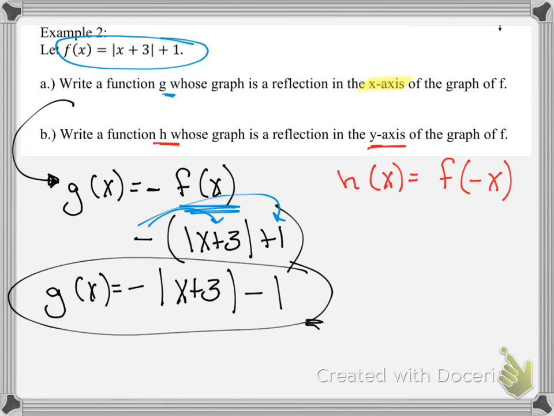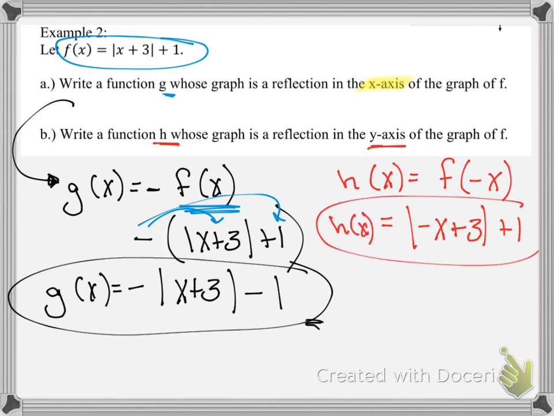So I take my original function up here, and I replace this x with a negative x. So I have the absolute value of, instead of x, negative x plus 3 plus 1. Well, I don't see any simplifying I can do with that guy. So there's my answer. There's my h of x right there.